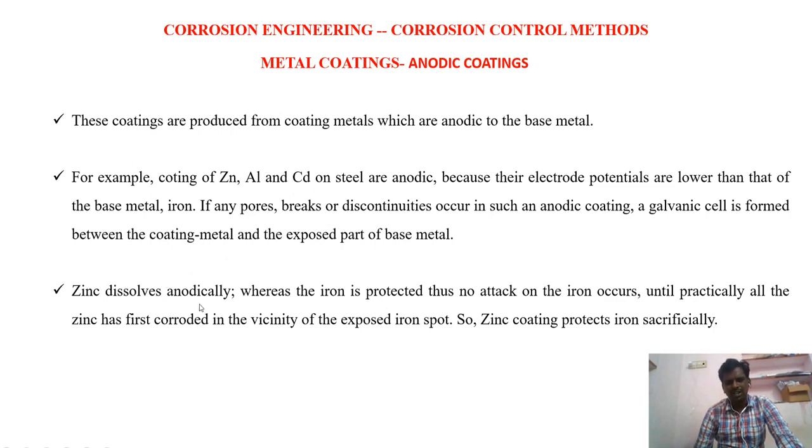Zinc dissolves anodically, so iron is protected because here iron is coated with zinc metal. Zinc has a higher tendency to corrode, so zinc dissolves anodically in the electrolyte, and iron, kept as the base metal, is protected from corrosion.